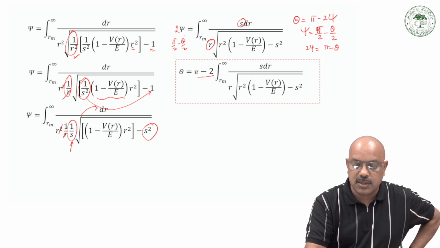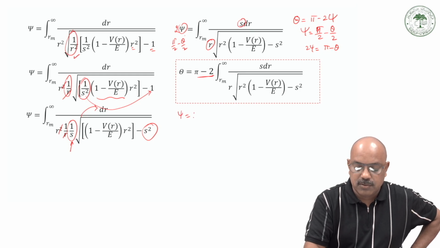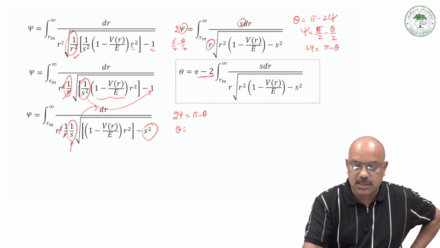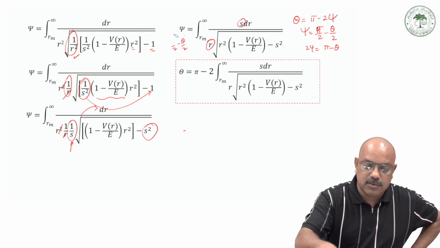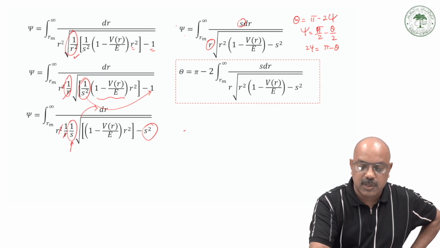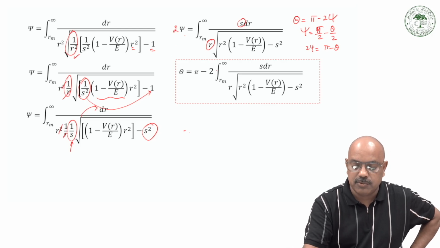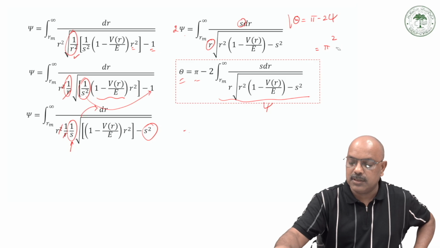If you multiply by 2, this becomes 2 psi, and this is your psi. So theta equal to pi minus 2 psi, this is what you have. Okay, forget about all these.